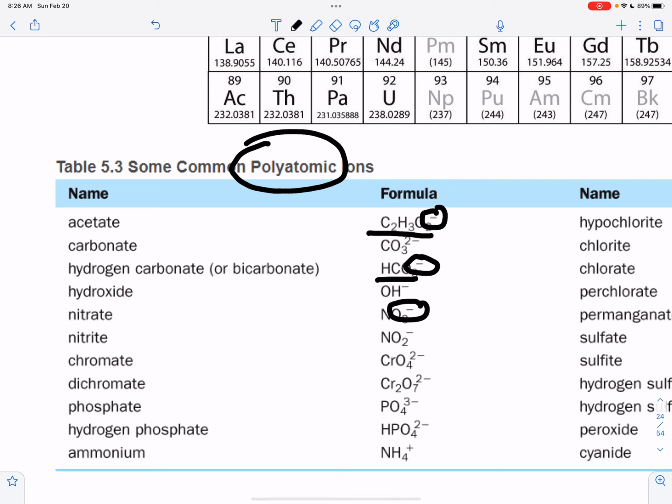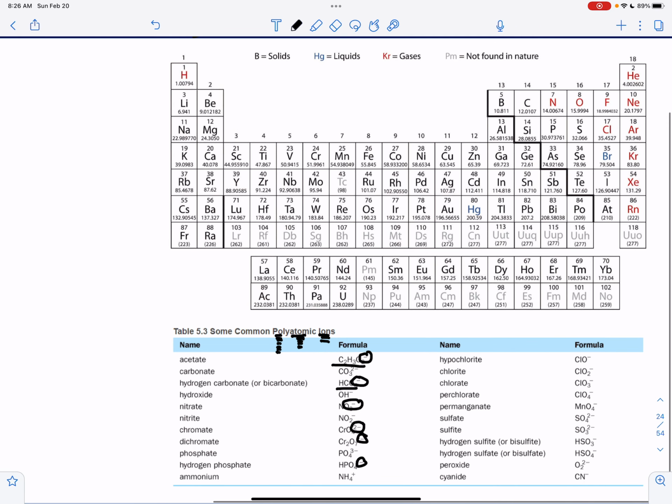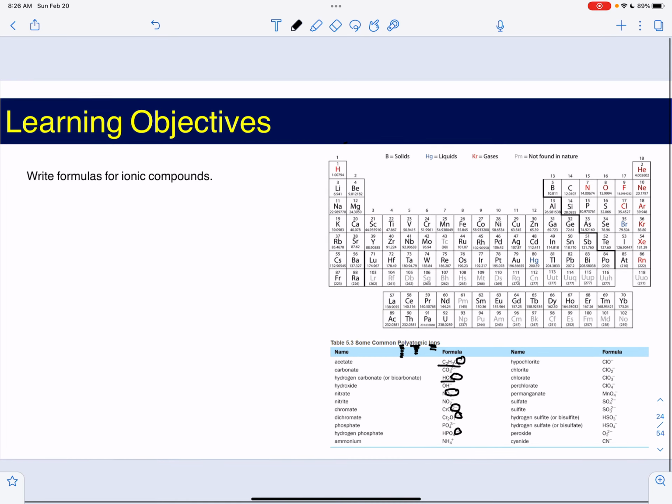So we're not talking about one element now, we're talking about a group, more than one atom together, that are ions. What is an ion? An ion is a particle with a charge. So those you should have handy at all times. Even better if you memorize them. So whenever we talk about polyatomic ions, we're going to be looking at the charge and see how that works. So let's do some problems with that so you can relate to it better.